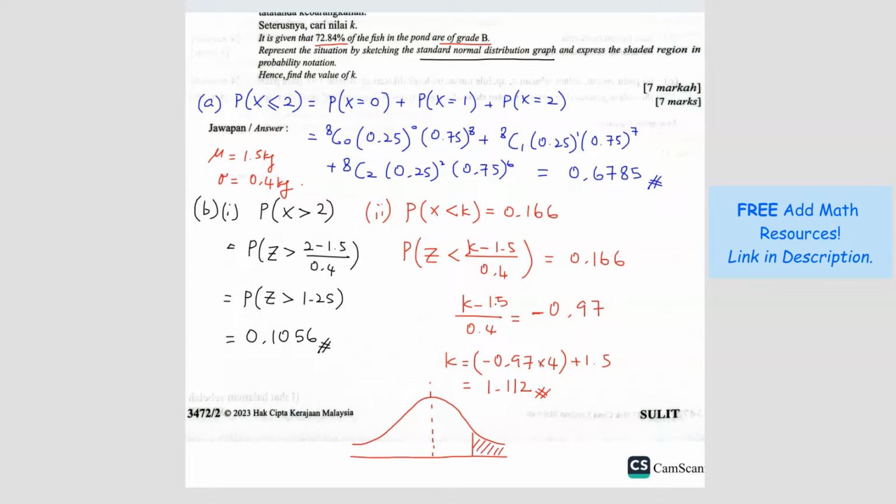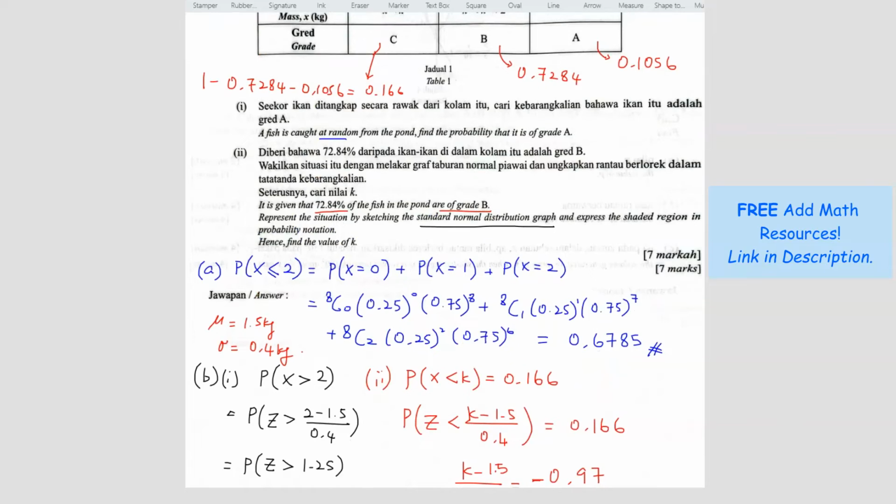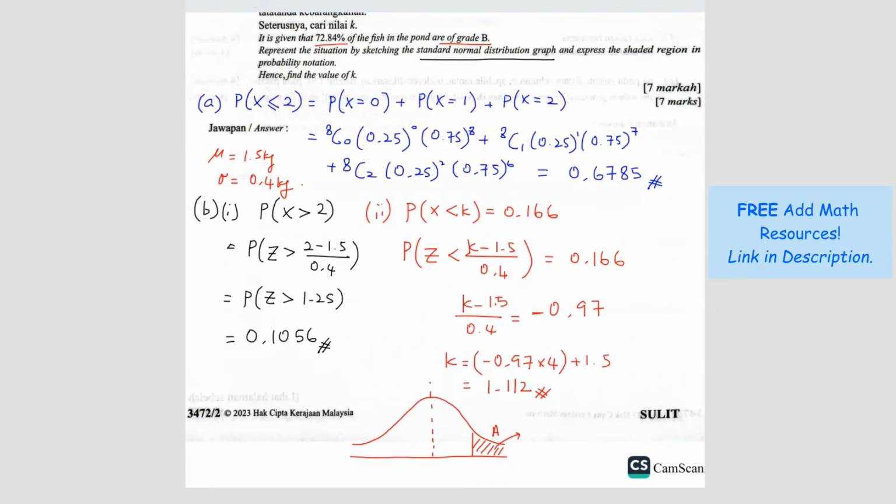The probability of this is what we got just now, 0.1056, and the value here is the same as this, 1.25. Because when x equals 2, we convert to standard normal distribution, we got 1.25.